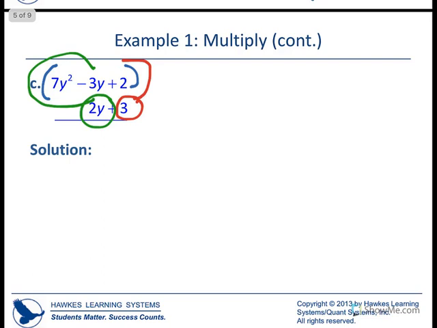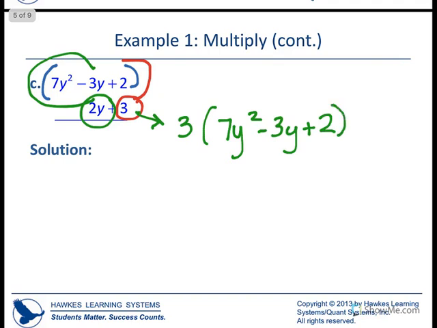Okay, so let's start with multiplying by 3. So I'm going to do this, 3, and I'm getting it from over here. And then I'm going to just rewrite the top, 7y squared minus 3y plus 2.